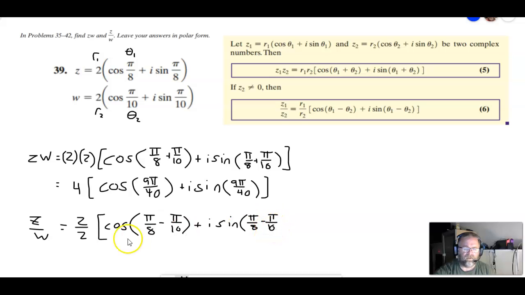Remember, these should be the same angles once we do our subtraction and addition up here. We should have the same angle for both the cosine and the sine.